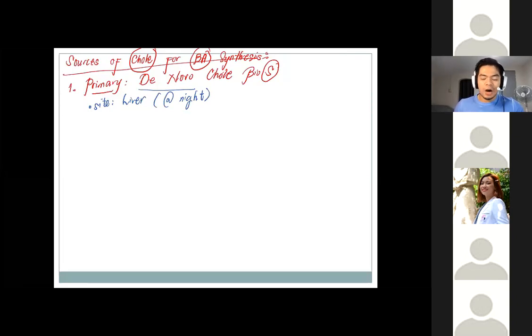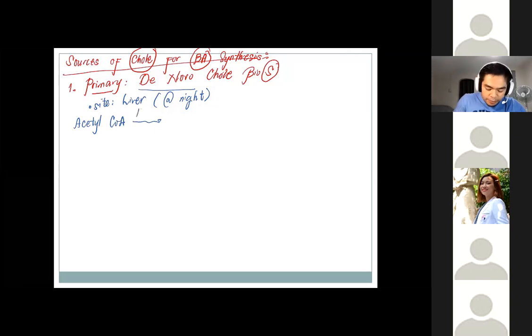And this is how it goes. Doon tayo sa mga important steps. Number one, ang kailangan ng liver ay acetyl-CoA muna. Saan ba galing ang acetyl-CoA? Sa kinakain din natin, di ba? Halimbawa, proteins, carbohydrates, lipids. Kaya biochem is important here. Ang acetyl-CoA, isang fate ng acetyl-CoA ay cholesterologenesis, and that is yung de novo cholesterol biosynthesis.